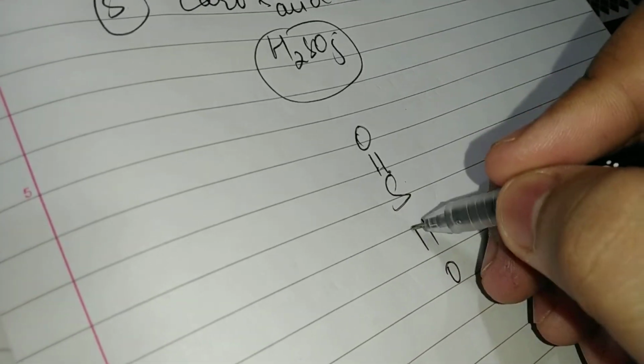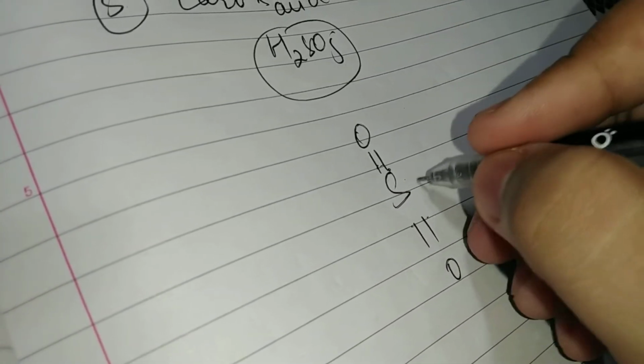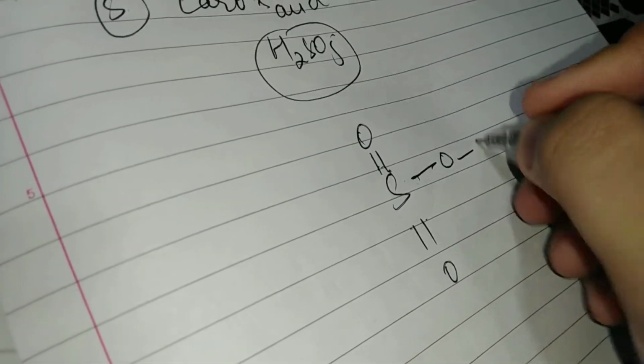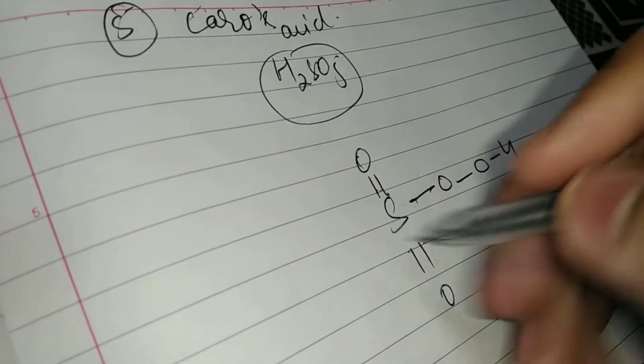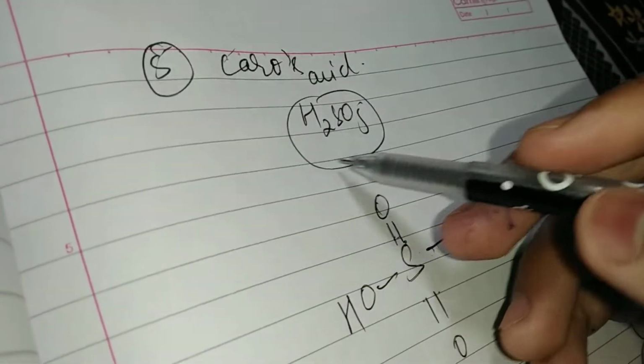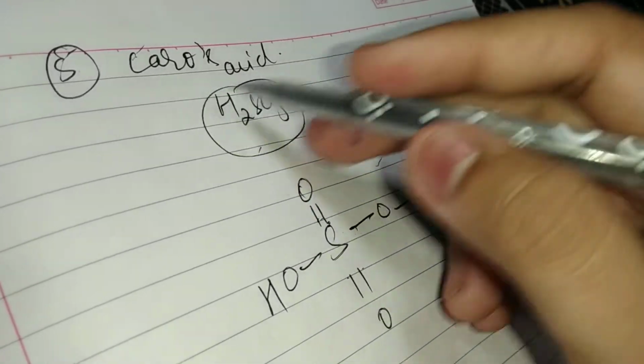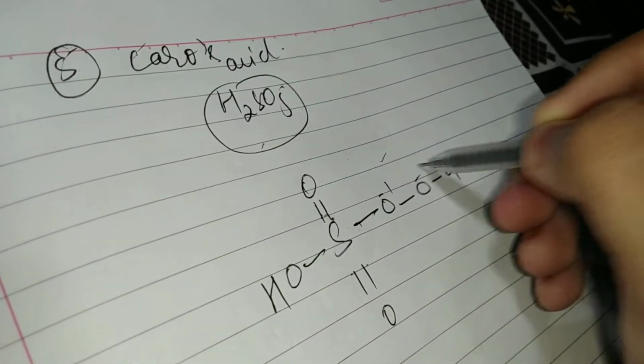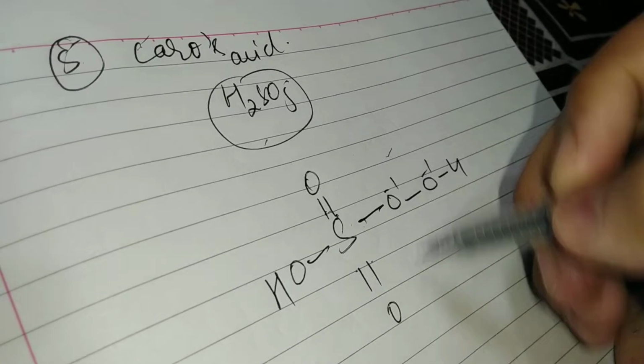So 1, 2, 3, 4. Now what we will do, O, and H, and here it will be OH. You have to just see how many hydrogens are there and just attach them. But you have to learn that in Marshall's acid and in Caro's acid there is a peroxy linkage, so it will be -1, -1. So you have to just learn it, okay?